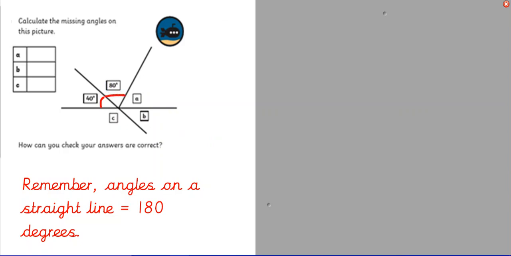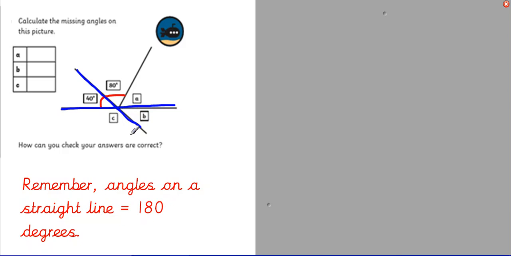We can see that we've got 2 straight lines, this one here and this one here. And we know that angles on a straight line add up to 180 degrees.